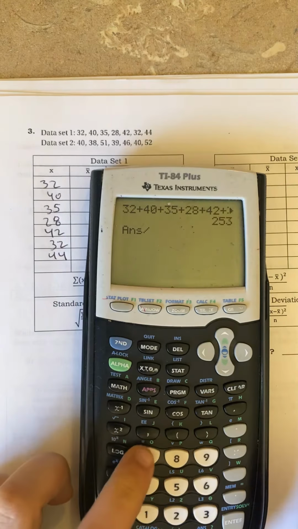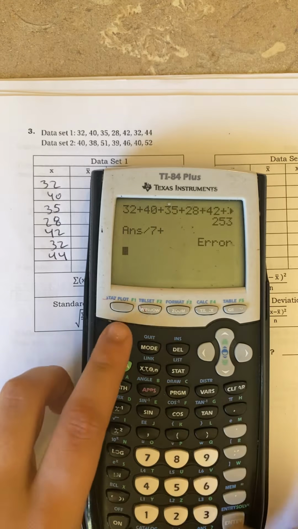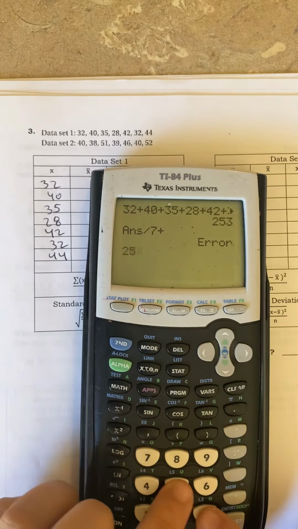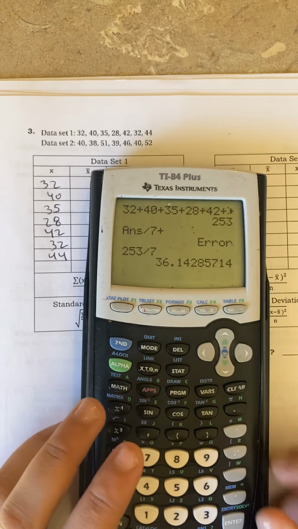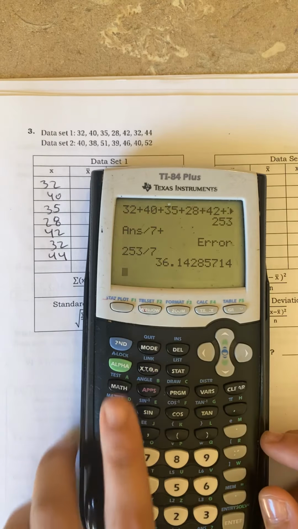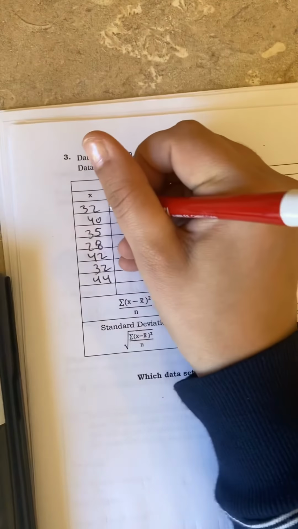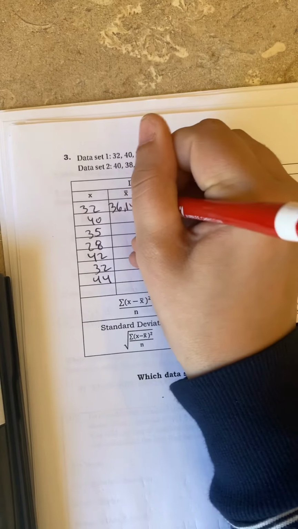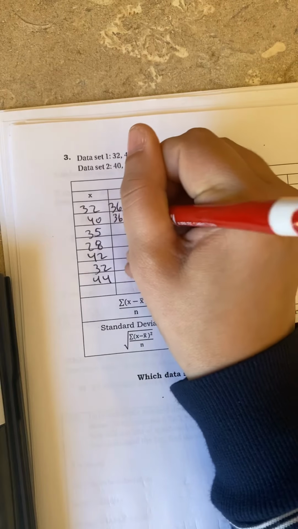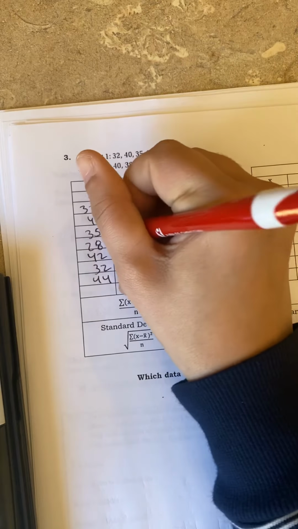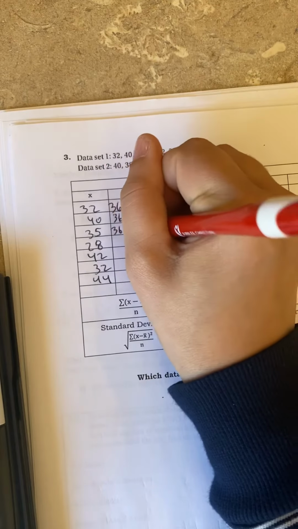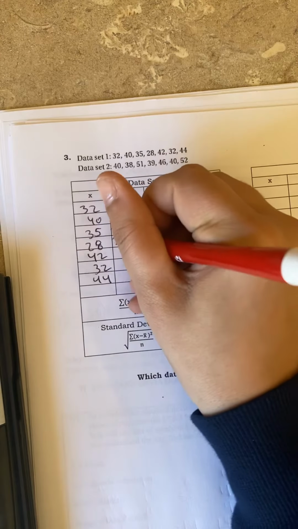We have 7 terms there. 253 divided by 7 gives me 36.143, because the 8 tells us to round up to a 3. So 36.143. That is our mean that we're going to be subtracting there.